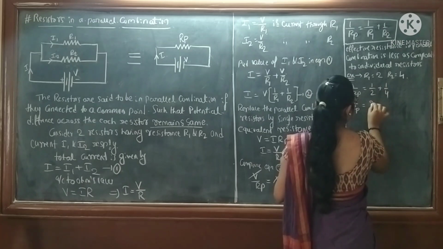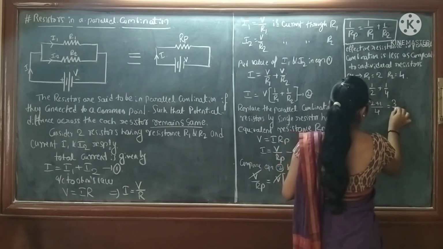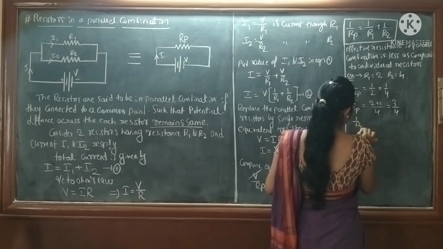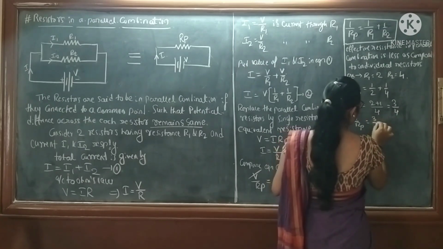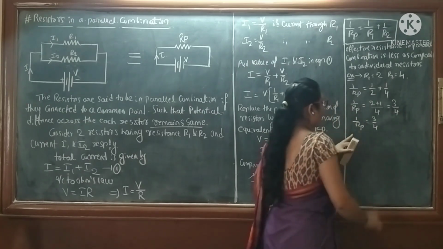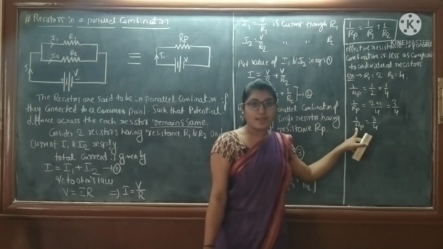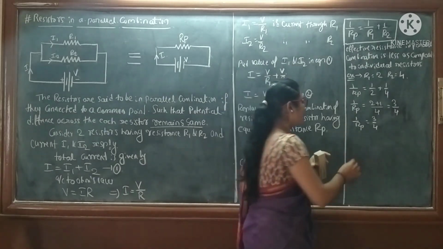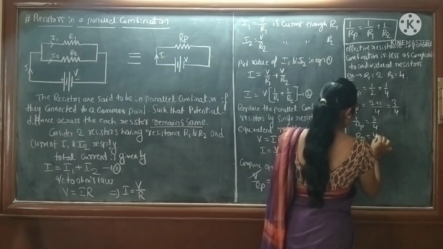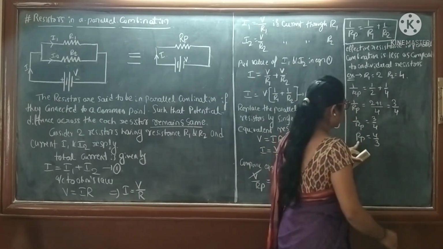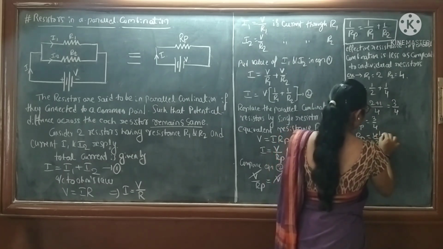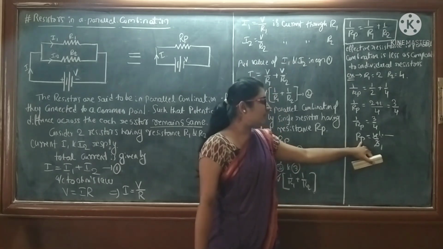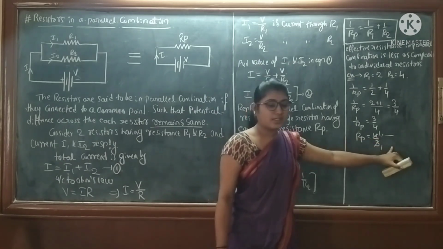So 2 plus 1, it is 3 by 4. So 1 by RP is equal to 3 by 4. Then we need the RP value, so invert it. So RP is equal to 4 by 3, which is 1 point something.